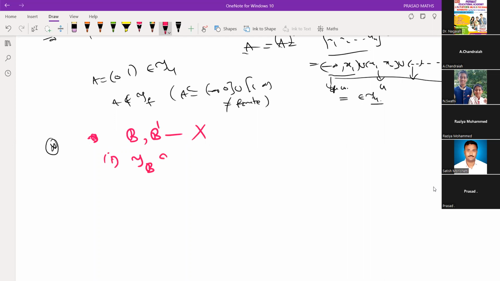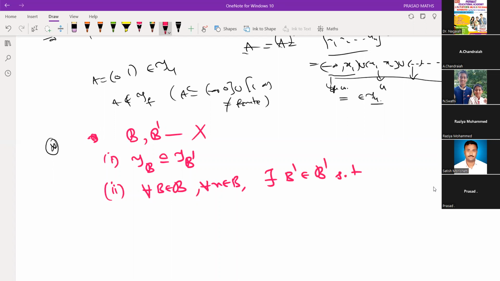The topology generated by open base B is contained in the topology generated by open base B dash if and only if, for any element in open base B and any x in it, I can find a basic open set B dash with respect to B dash such that x is in B dash, which is contained in B. So when you want to show that two topologies are comparable, you need to take a basic open set containing x.